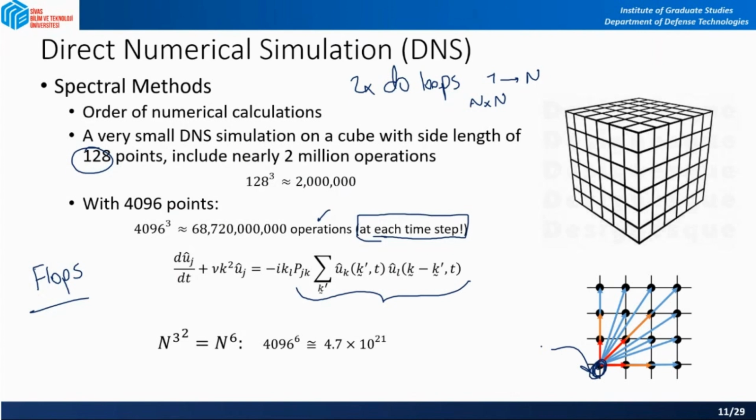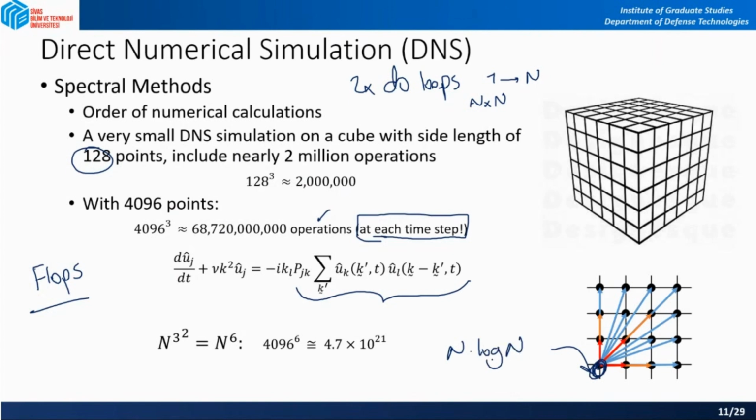The n-body problem involves n squared calculations, which makes it very difficult to solve numerically because it requires lots of computational resources. Of course, you can find smart ways to reduce the number of calculations, which people already did. You can, for example, use fast multipole methods, which reduce the number of operations from n squared to n log n, the logarithm of n.